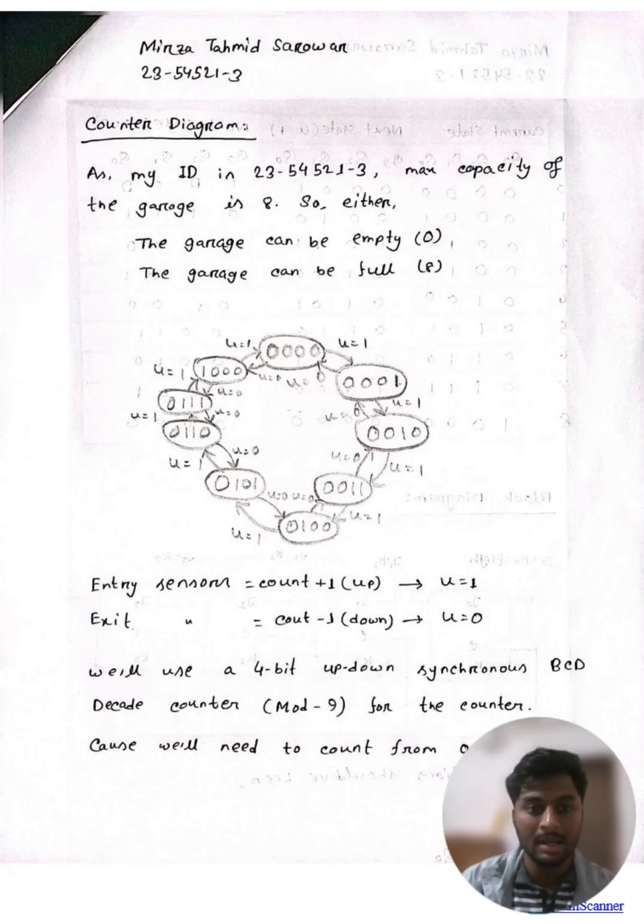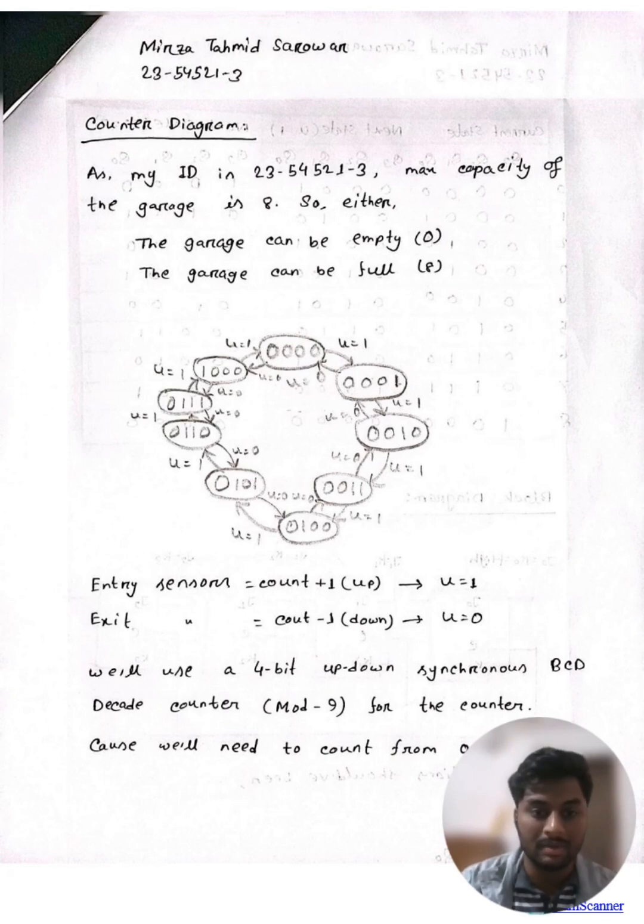So the garage can be either empty or hold cars up to a maximum of 8. When the entry sensor pulse works, the count will increase and U will be 1, and when the exit sensor works, U will be 0.